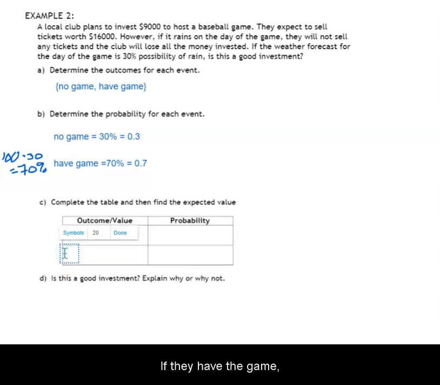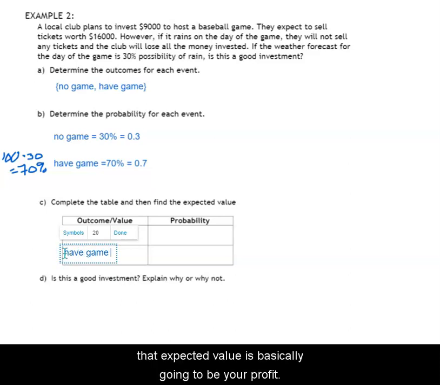If they have the game, that expected value is basically going to be your profit. So the profit they would make on this would be $7,000. So the value for having the game would be 7,000.